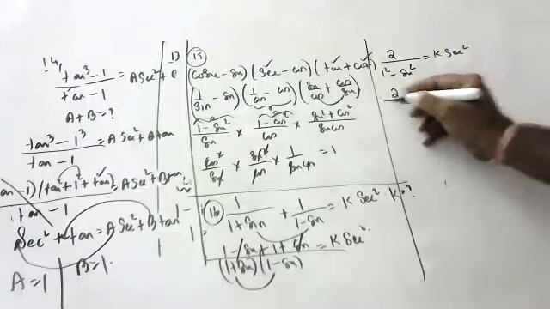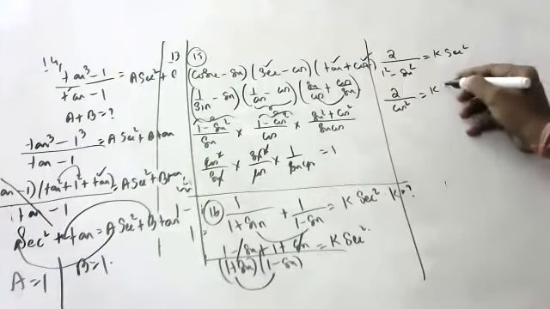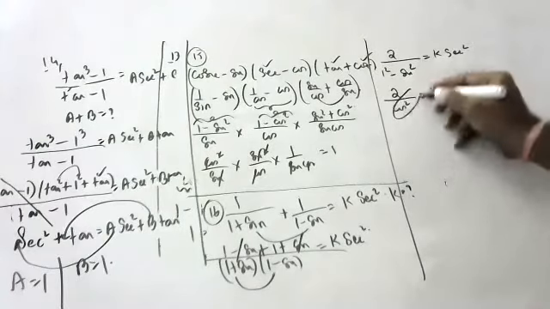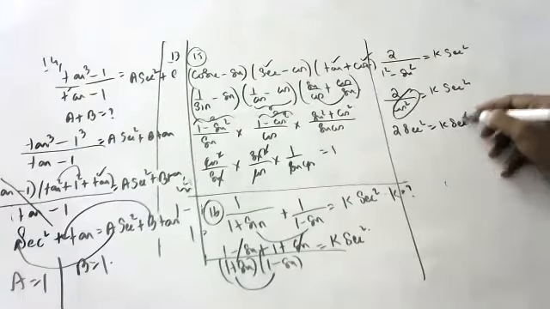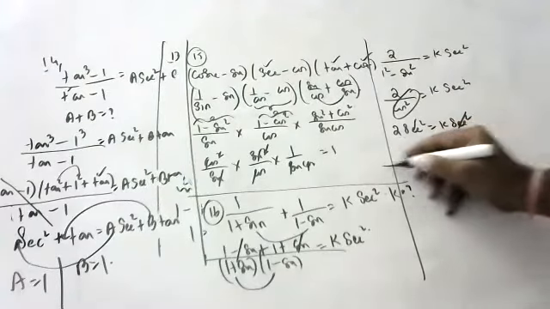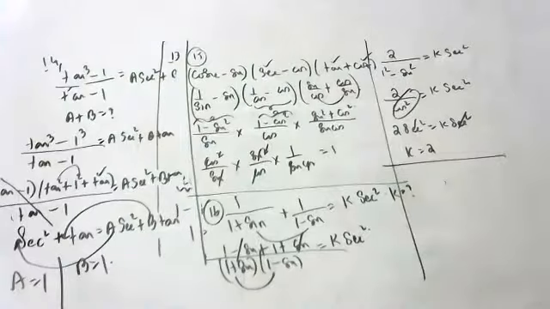So 2 by cos square theta is k secant square theta. K is equal to 2.